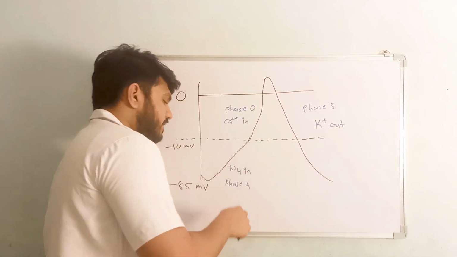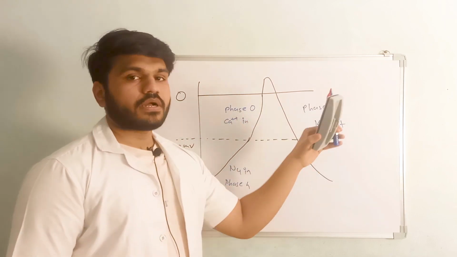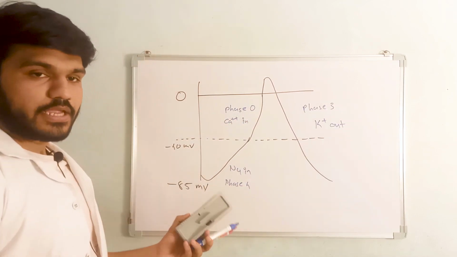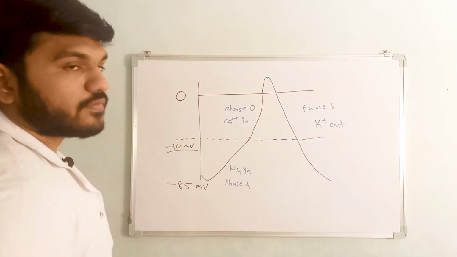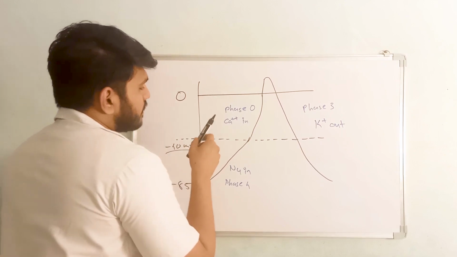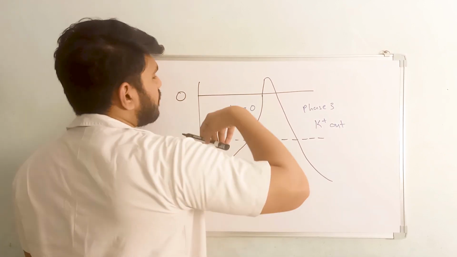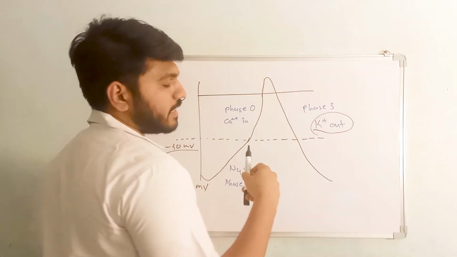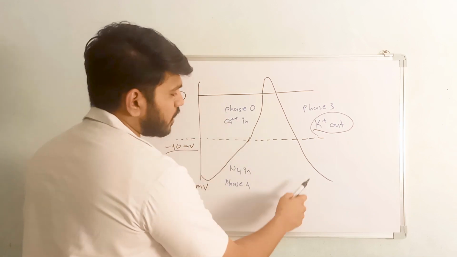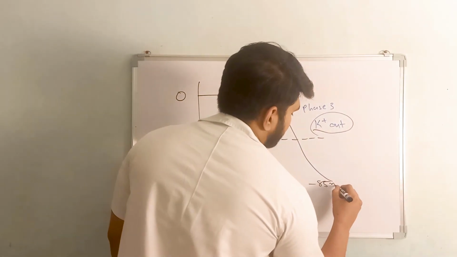So there are 3 phases: sodium influx, calcium influx and potassium outflux. Because of the sodium influx, there will be a gradual rise in action potential, to around minus 40 millivolt. And after that, rapid influx of the calcium will make the membrane potential more than 0. After that, potassium will start coming out of the cell and it will make the membrane potential fall to our resting membrane potential, which is minus 85 millivolt.